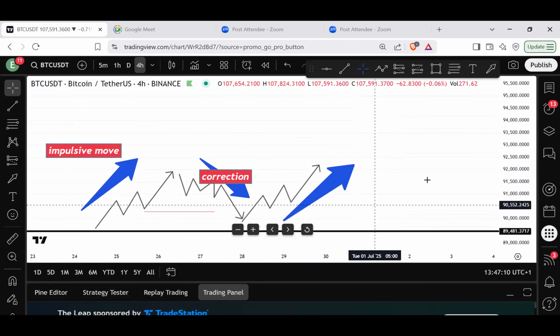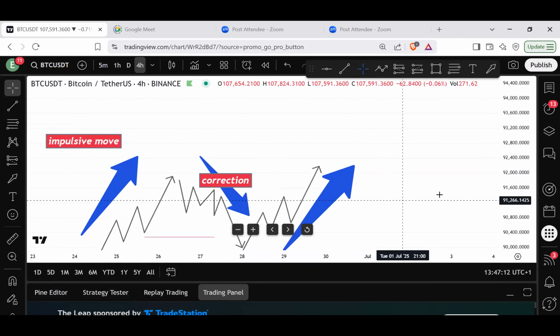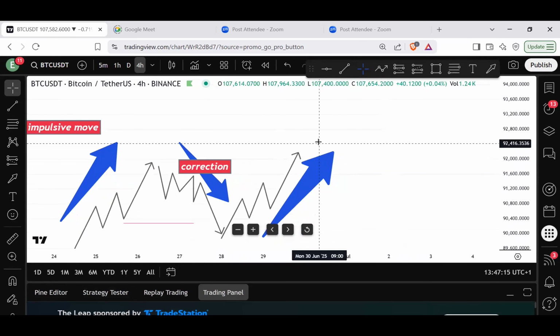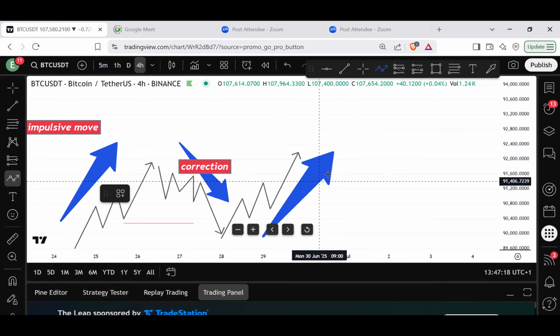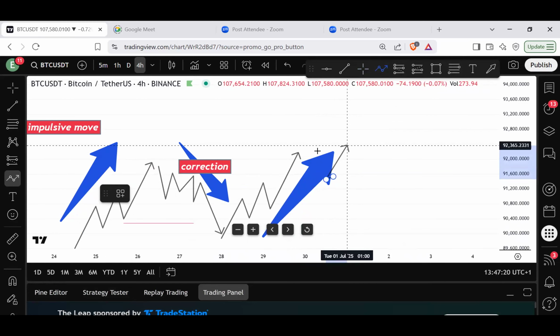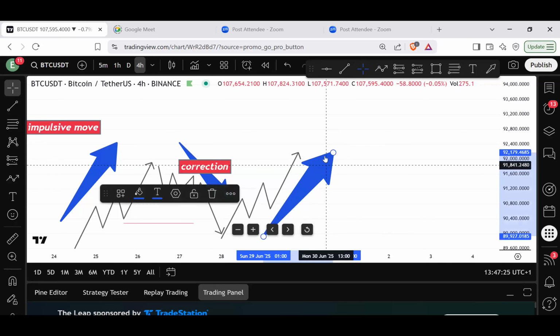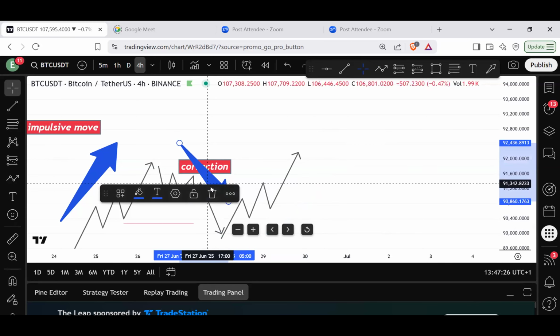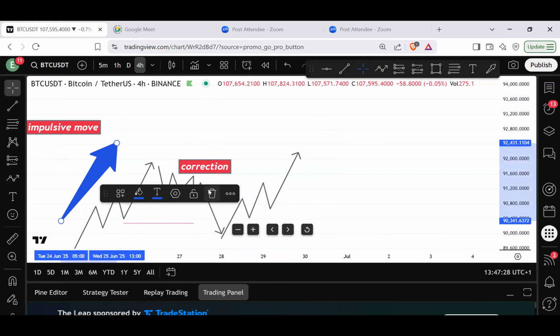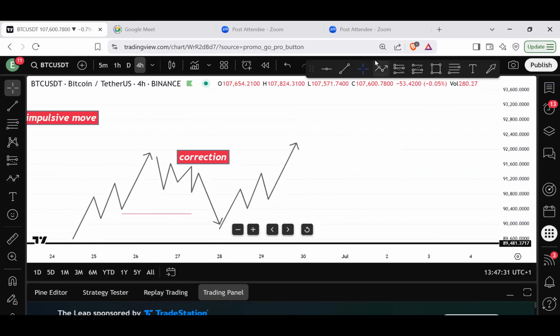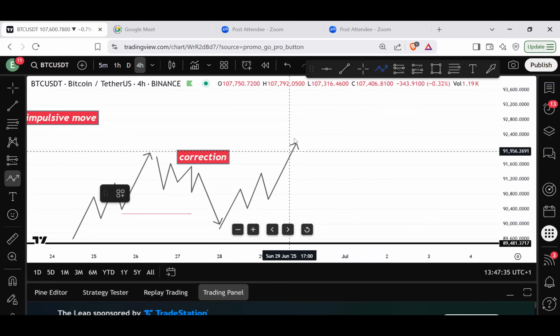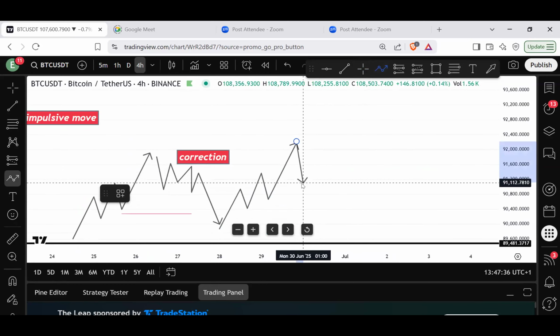So now let's assume that we have another correction. Okay, let me remove this. So let's assume we have another correction like this.